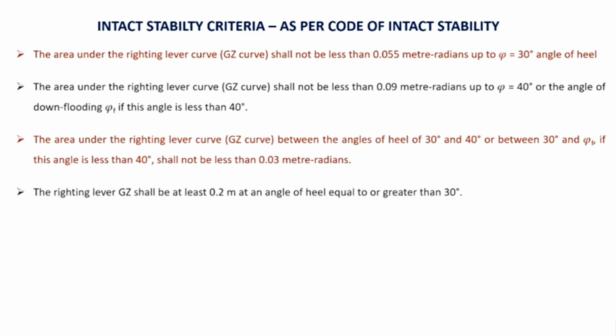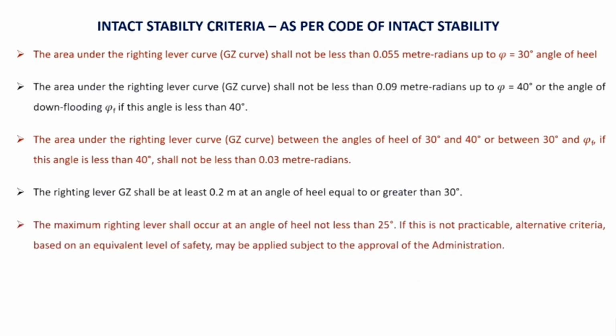The righting lever shall be not less than 0.2 meters at an angle of heel equal to or greater than 30 degrees. So they don't want it to suddenly go up to 30 degrees and then suddenly dip down. They want to make sure that at 30 degrees or a higher angle, the minimum GZ should be at least 0.2 meters. The maximum righting lever shall occur at an angle of heel of not less than 25 degrees.